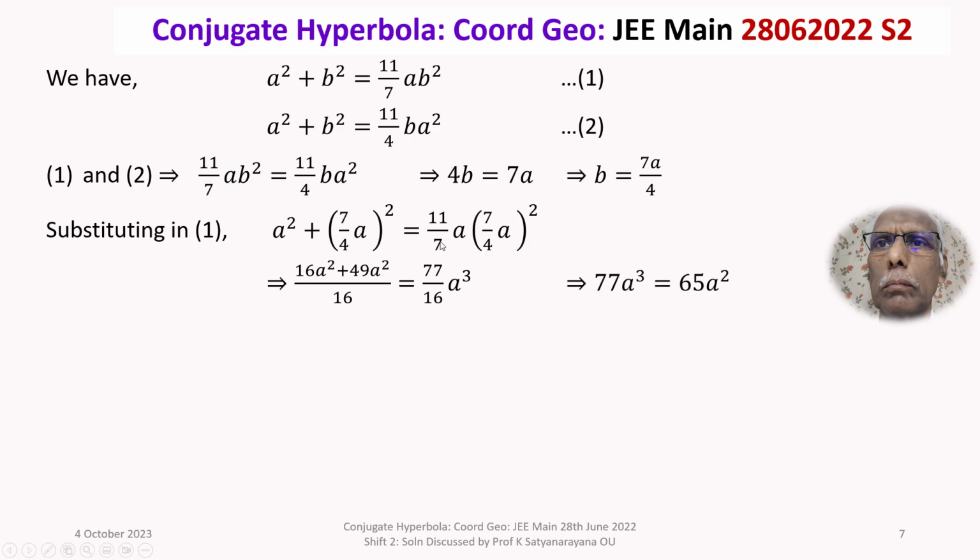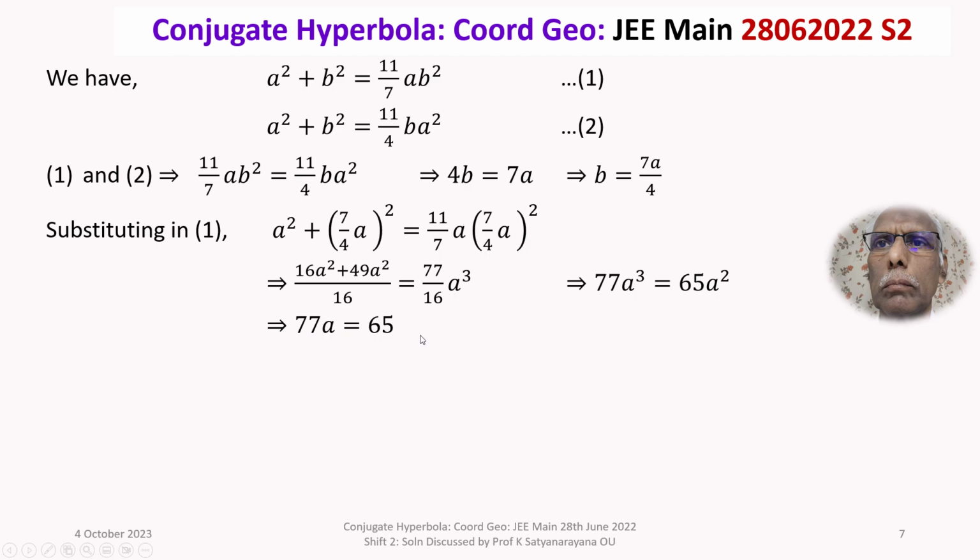And here one 7 cancels and one 7 remains. 11 7s are 77 by 16 into a square a, that is a cube. So that means 16 cancels in the denominator. 77a cube is equal to 65a square. Cancelling a square on both sides, you will get 77a is equal to 65.